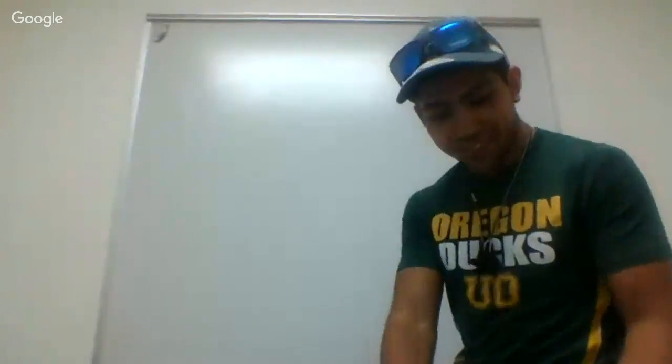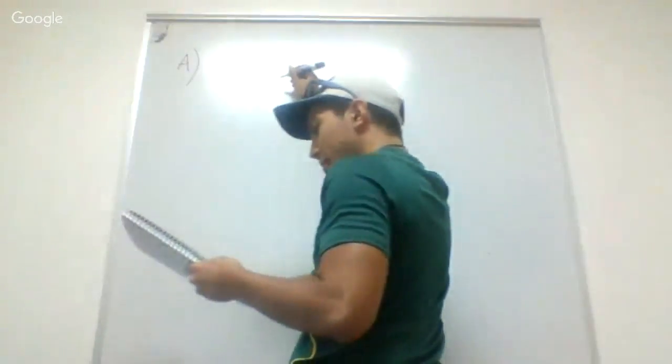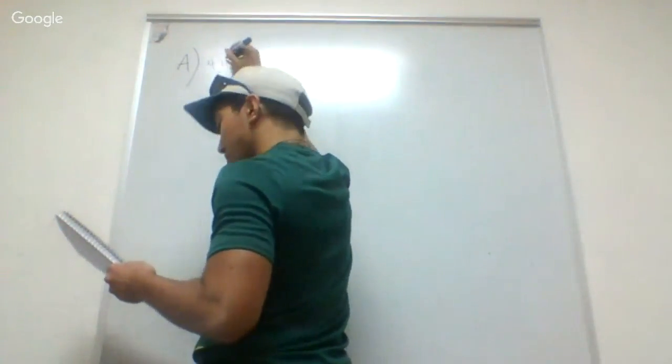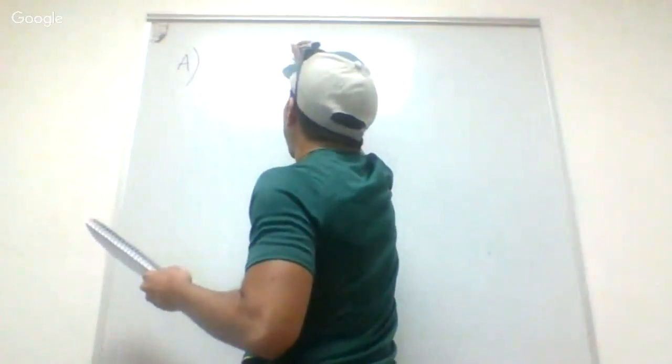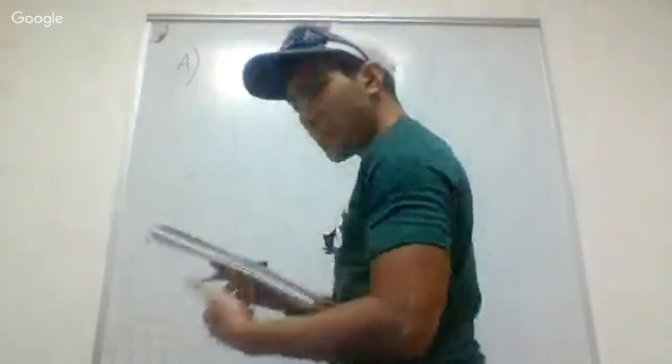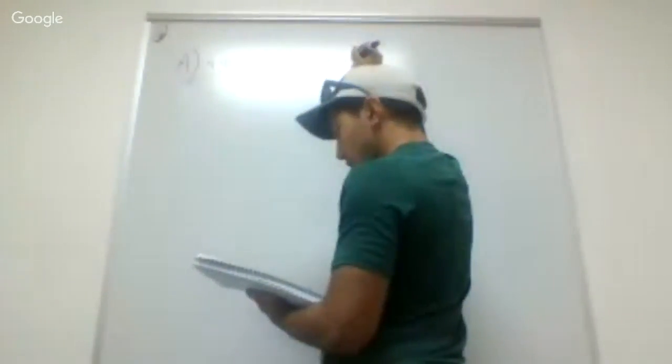So for A, if the chromosome is stretched straight out linear, we simply take the 4,410,000 times 0.34 nanometers.